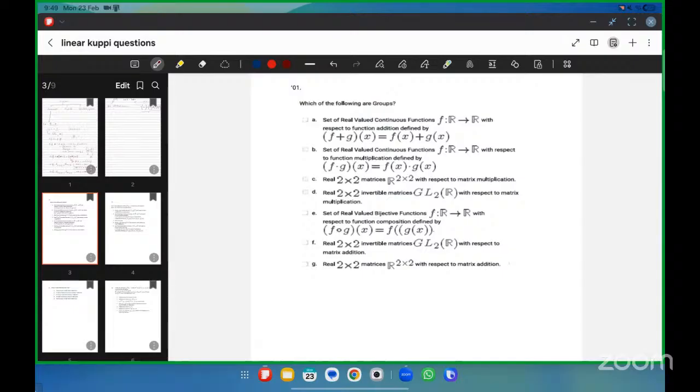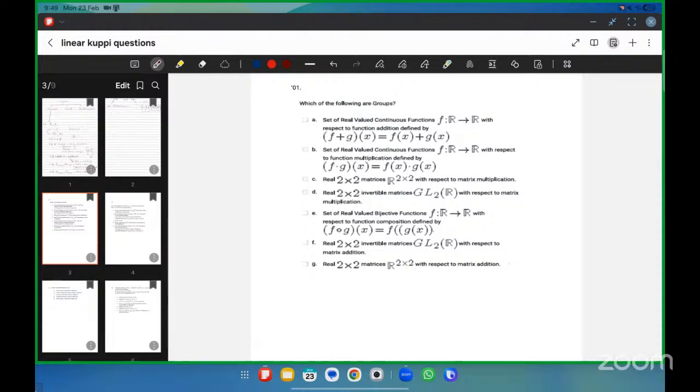Here, which of the following are groups? If we want to check whether it is a group or not, we have to check all those 5 conditions one by one.